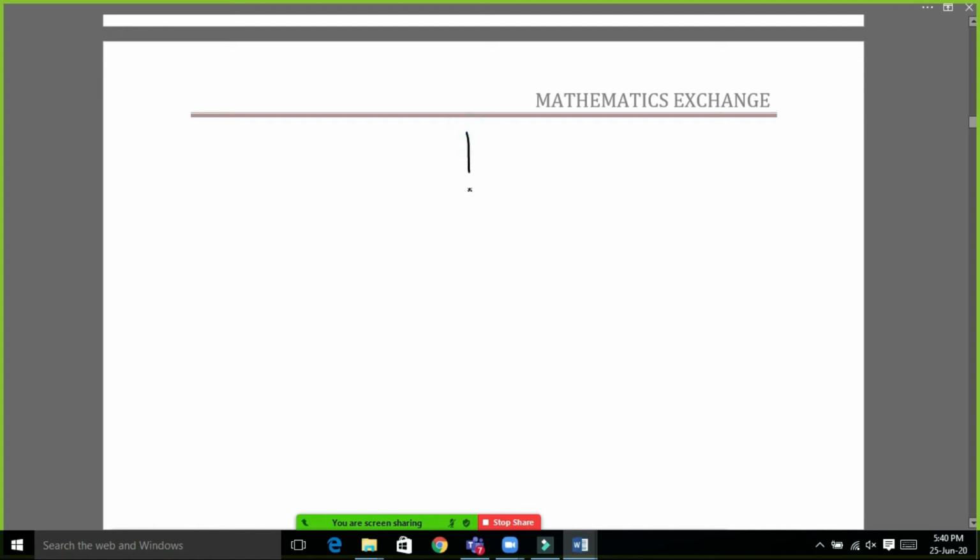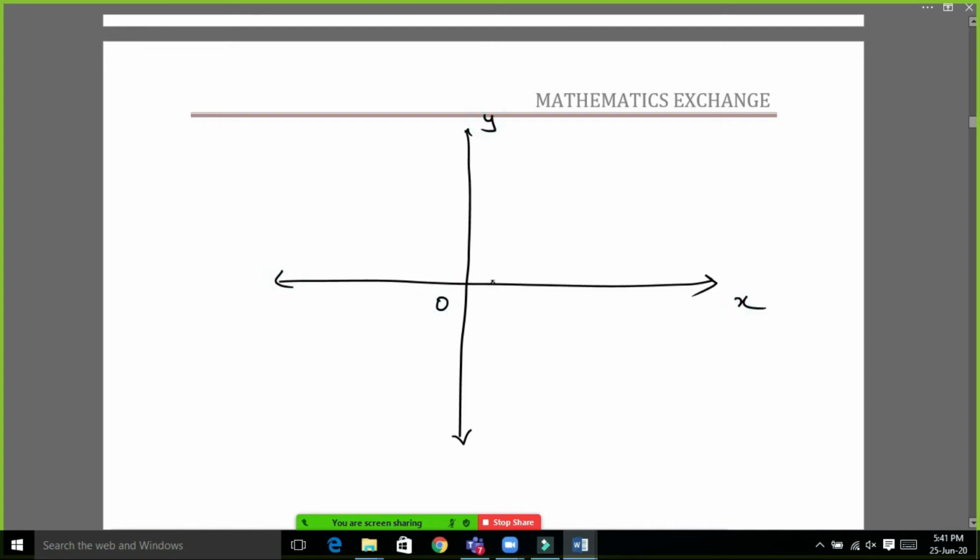And we plot these points on the graph on the x and y coordinates in a plane. So this is the y axis, this is the x axis, this is the origin. So we plot points. For this we take 1 2 3 4 5 6 on the x axis, and on the y axis 1 2 3 4 5 6 7.